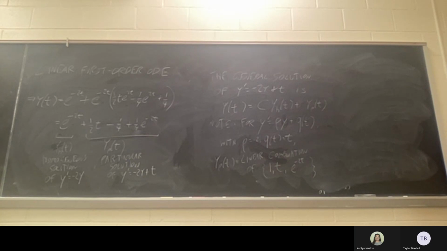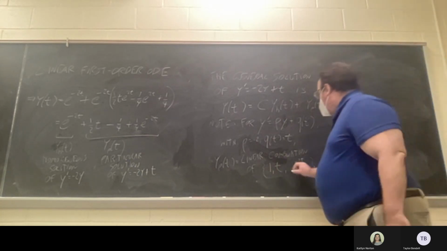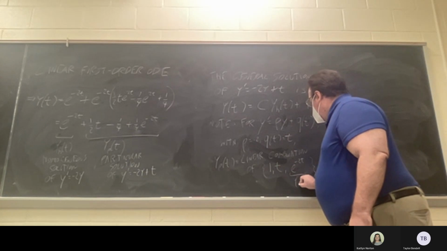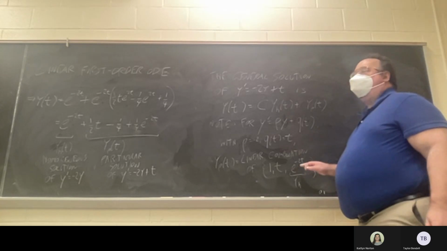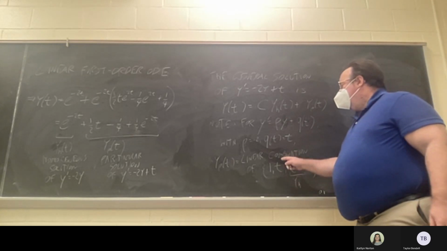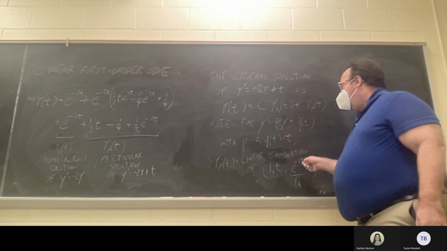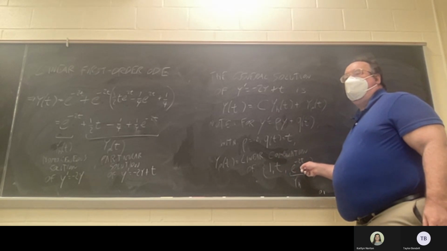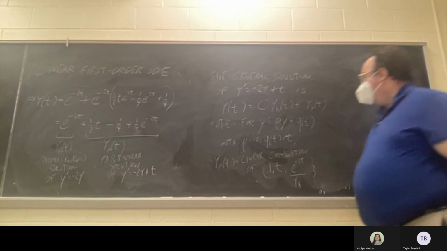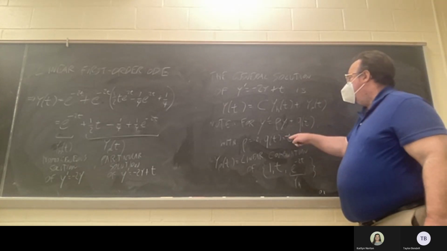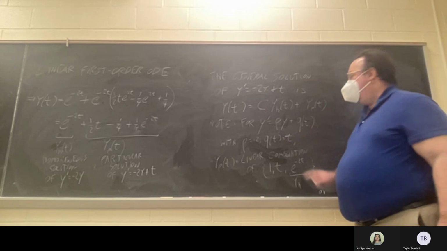But the thing is, e to the minus 2t is a solution of the homogeneous equation. So we're actually going to have a term like that anyway. What I'm most interested in is terms that are not homogeneous solutions. So this is this 1 and this t. So q of t happened to be a linear function.